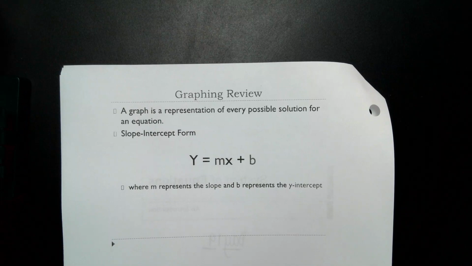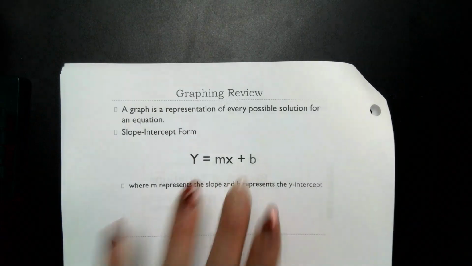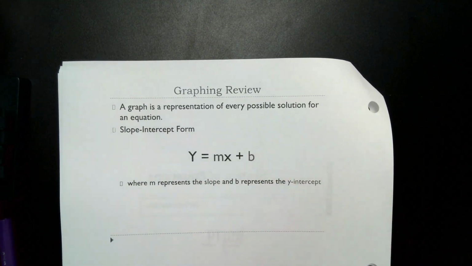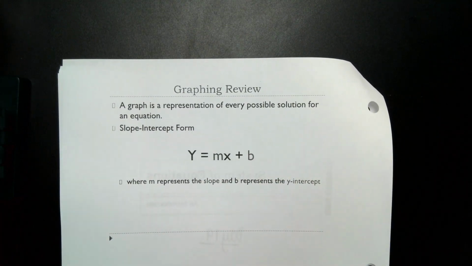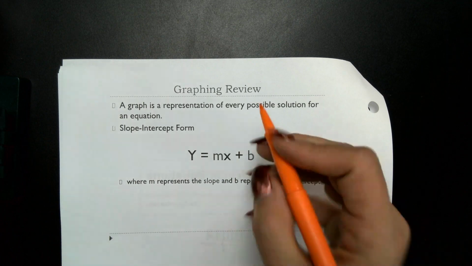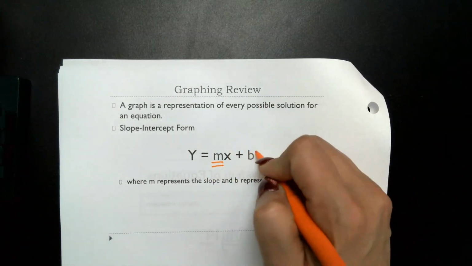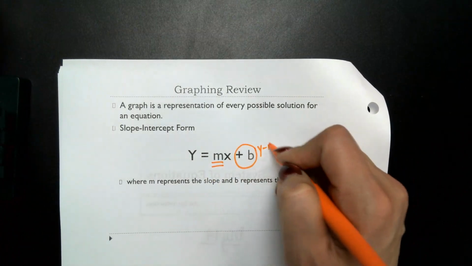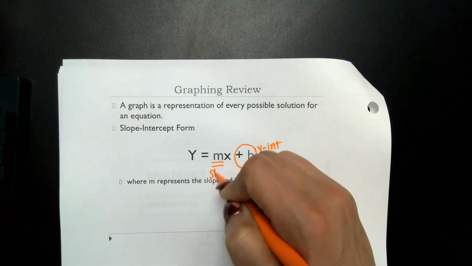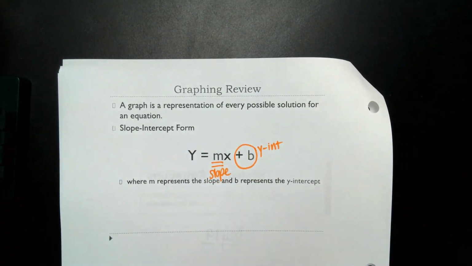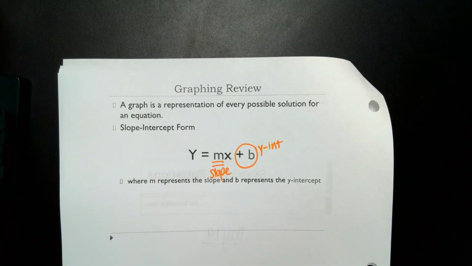The do now that we just completed had some of each of these. This is slope-intercept form. This is the kind that we think is probably the easiest to graph, because they have given you the slope and the y-intercept. So those tend to be the easiest ones to graph.